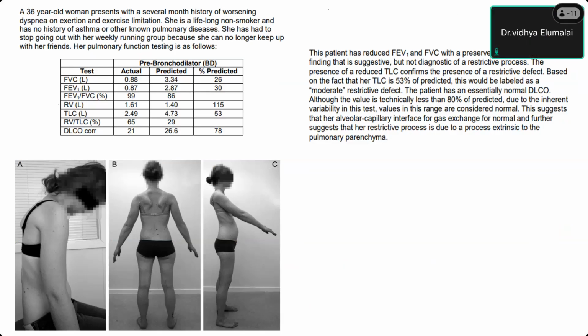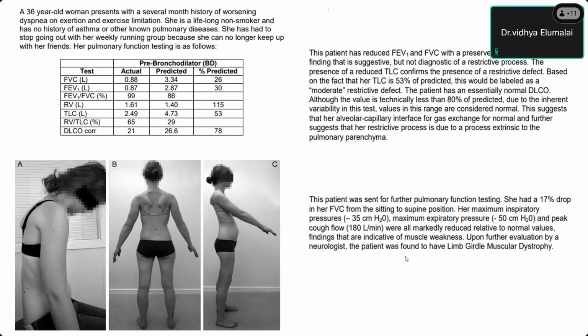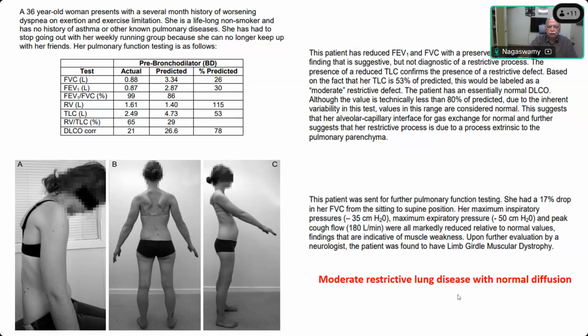Winging of the scapula. This is limb girdle muscular dystrophy, with twisted muscles, which is causing the restrictive pattern. So moderate restrictive lung disease with normal diffusion. That is the ultimate diagnosis.